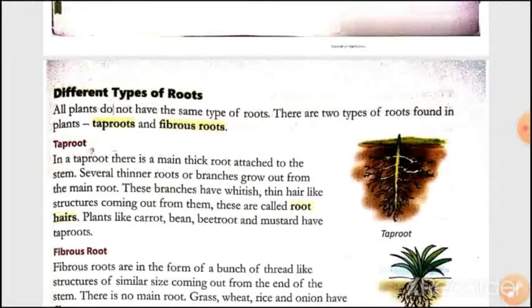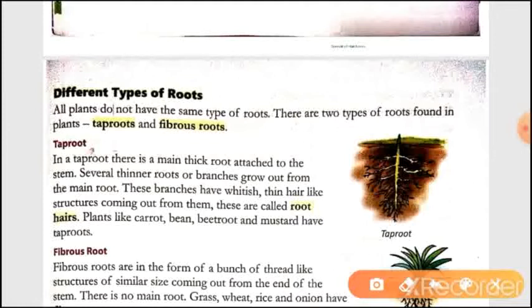So these are known as root hairs, whitish colored root hairs. Tap root has one thick main root, and from this thick main root, secondary roots grow. We call them root hairs, which are whitish in color. These branches have whitish thin hair-like structures coming out from them. These are called root hairs.